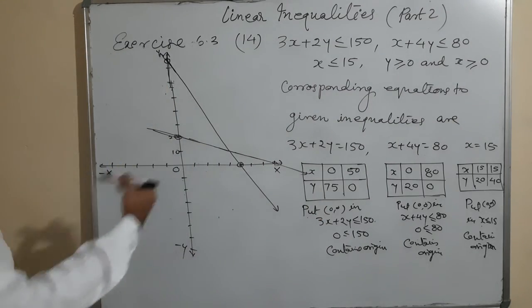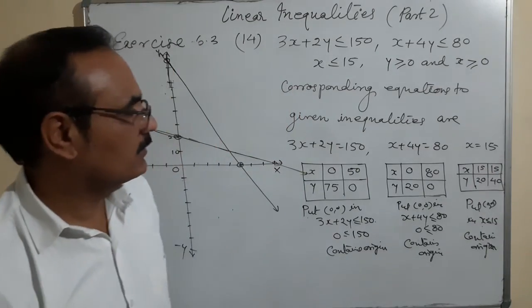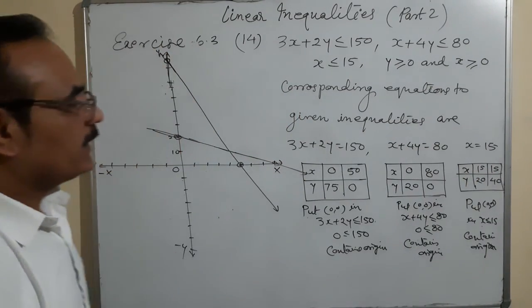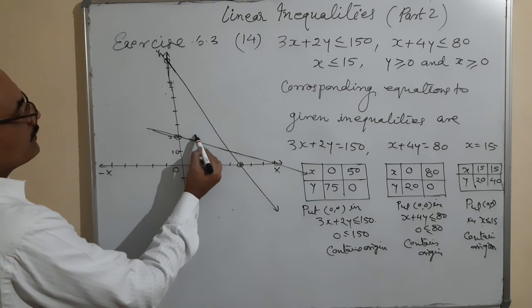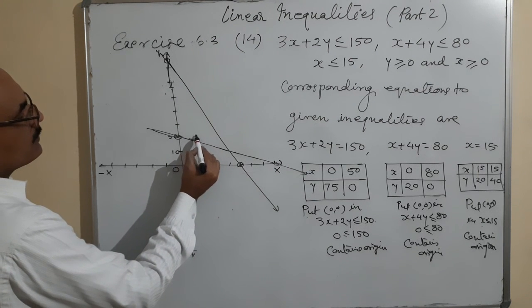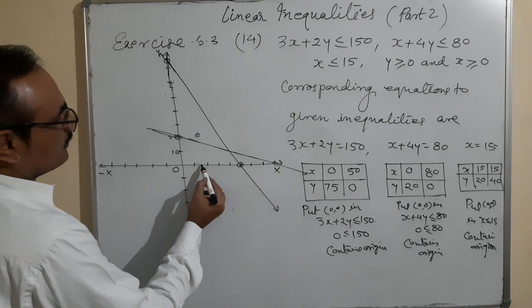Okay, it also contains the origin. Next, x is equal to 15. That is the point x 15, y 20, and x 15, y 40.